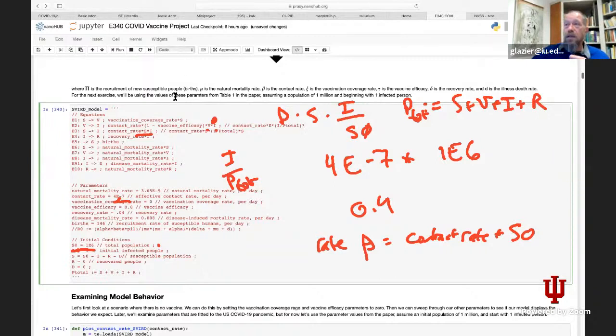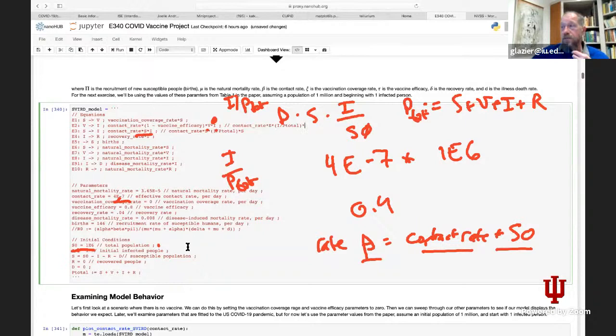And then you would multiply by I divided by P total. And then to correct for beta, your contact rate would be the initial contact rate times the initial S0. And that gives you beta.